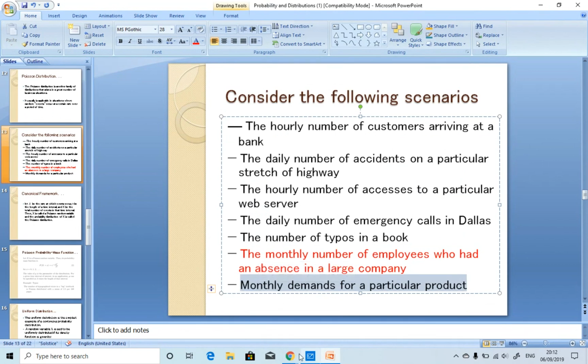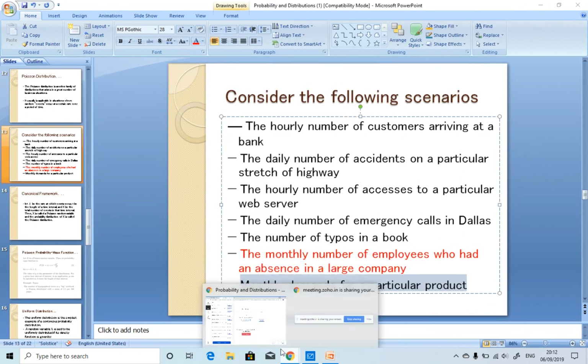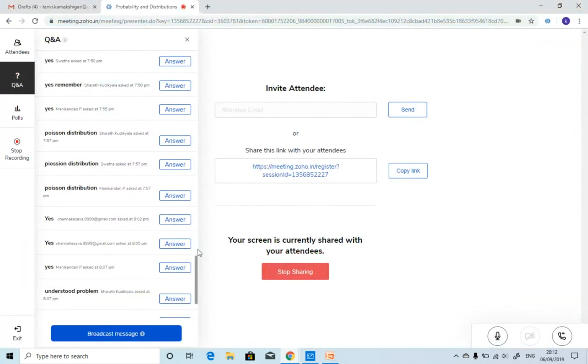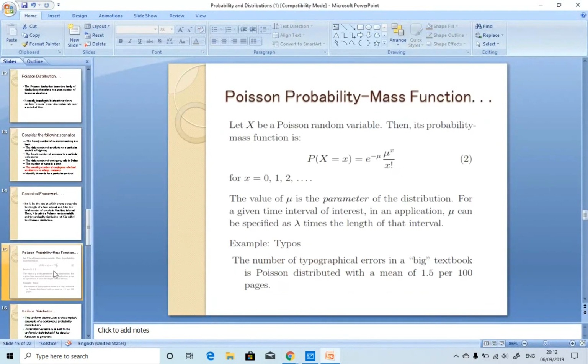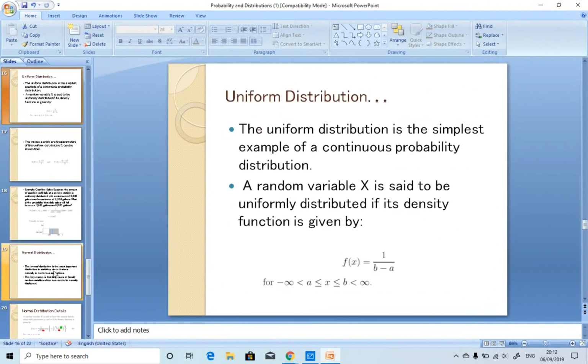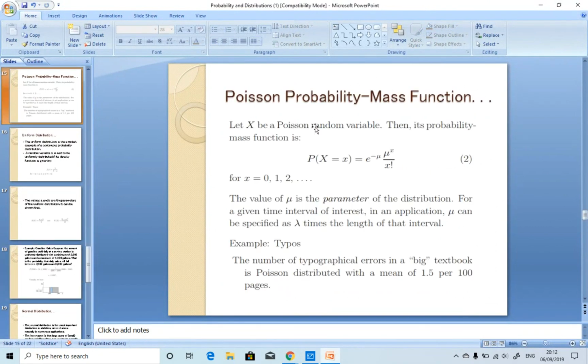Are you clear about the Poisson distribution or not? So this is the Poisson distribution. Now let us say here the formula.